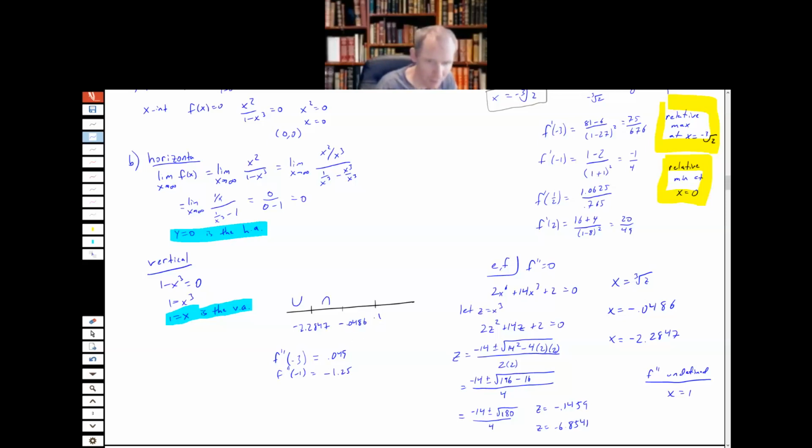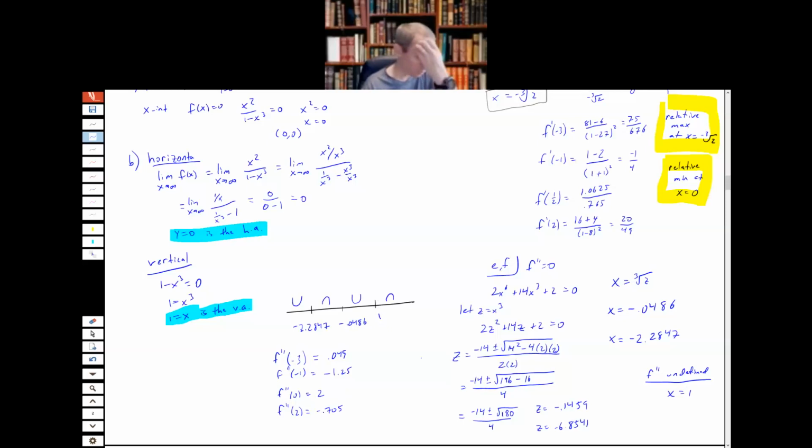In between negative 0.0486 and positive 1, I can put in 0. I get 2. That's positive, so it's concave up. And then bigger than 1, I can plug in something like 2, and I get negative 0.705. That's negative, so it's concave down.